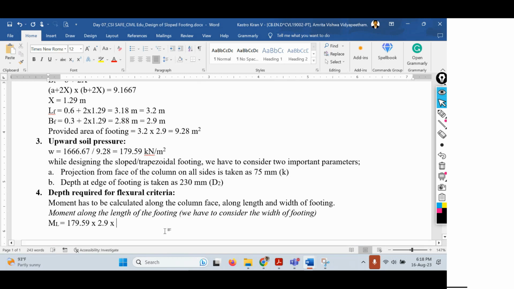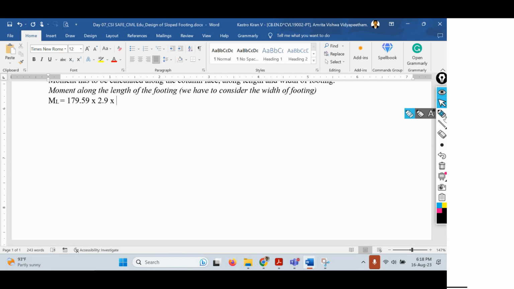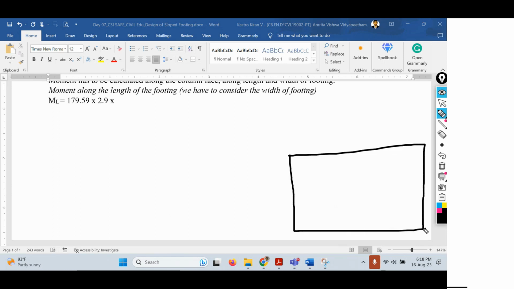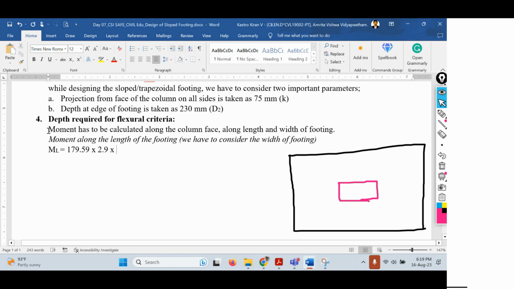What is that calculation? Suppose you take the rectangular footing, let me draw that one, inside which we have a rectangular column, right? Here, as set in the problem statement, the moment has to be calculated along the column face.